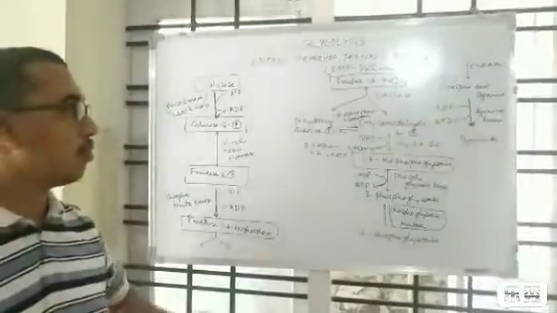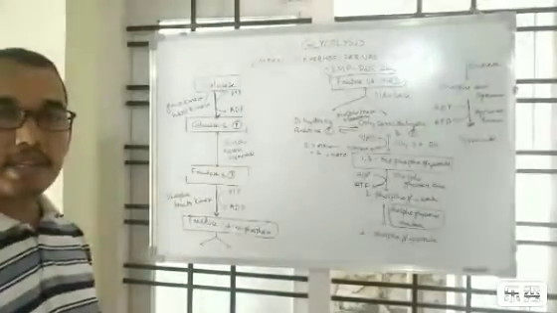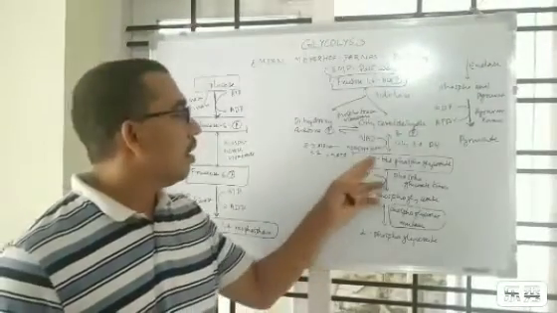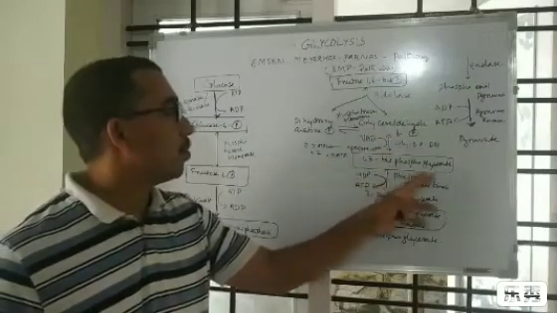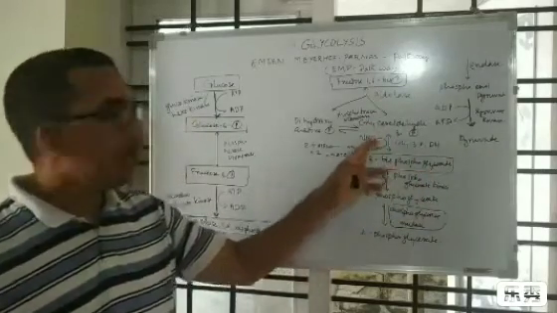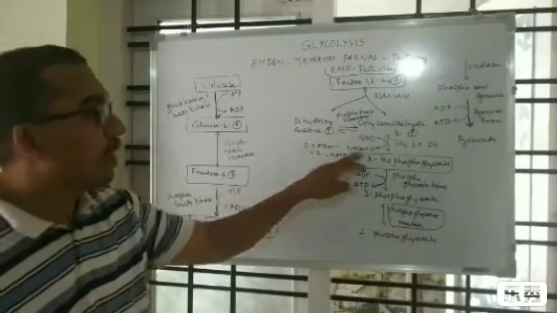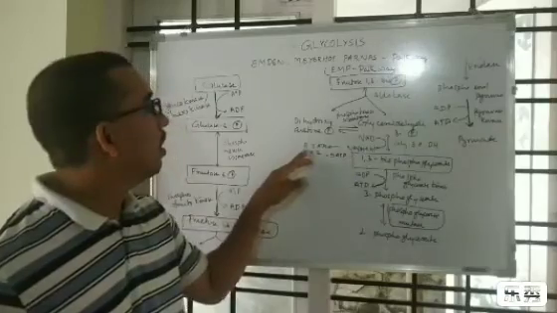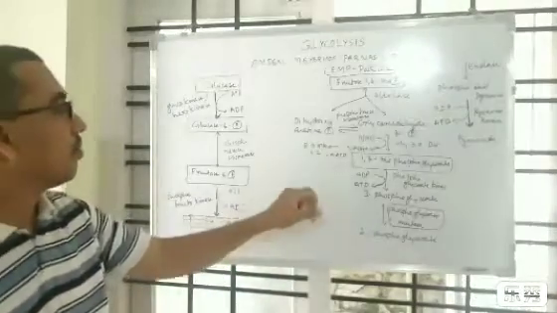So we will get two molecules of glyceraldehyde 3-phosphate. Then with glyceraldehyde 3-phosphate dehydrogenase, it is converted into two molecules of 1,3-bisphosphoglycerate. Here two NADH are produced, so by entering the electron transport chain, it produces 5 ATPs.